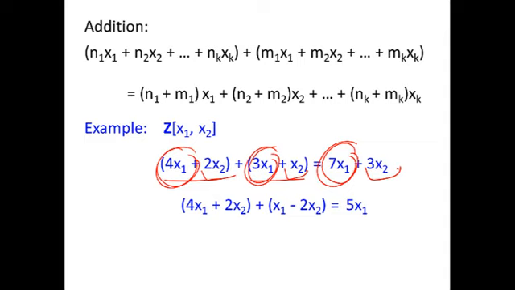In the next example, 2x2 cancels out with minus 2x2, leaving us with 4x1 plus x1, giving us 5x1. In other words, formal sum starts with just counting, where we do addition by combining like terms. But the addition part can be quite useful when describing objects, which we will see in the following slides.